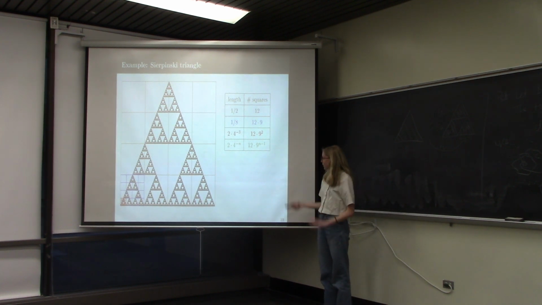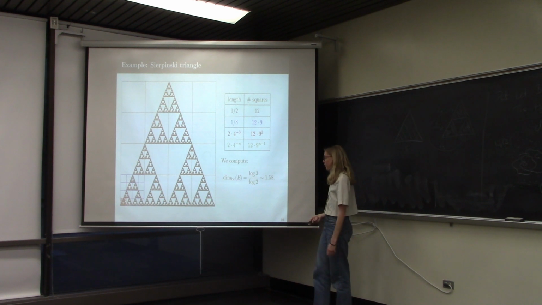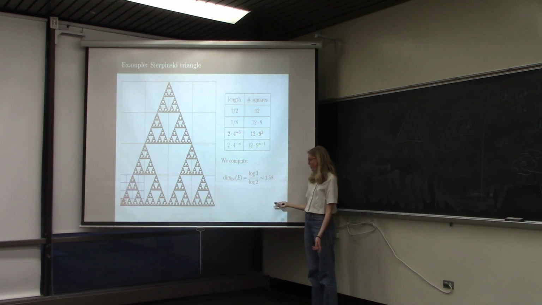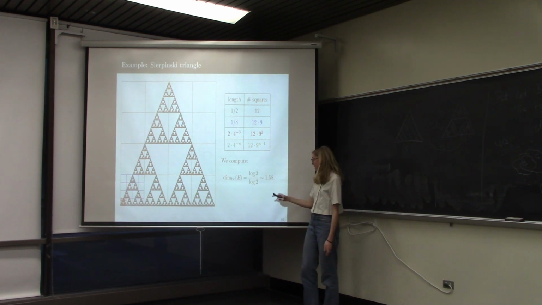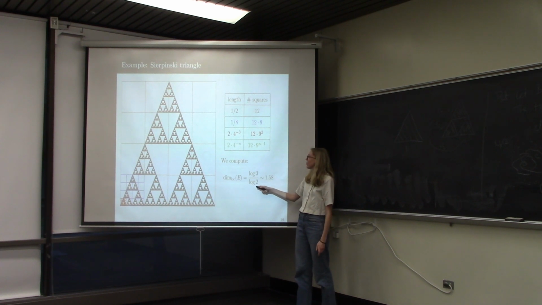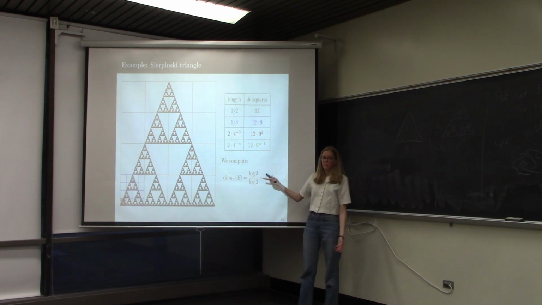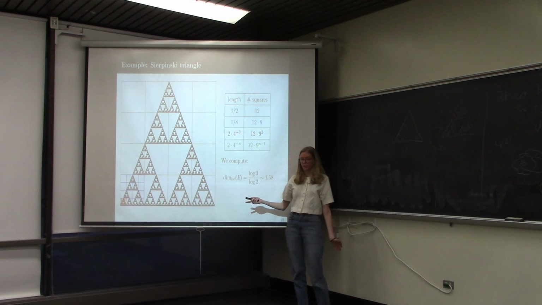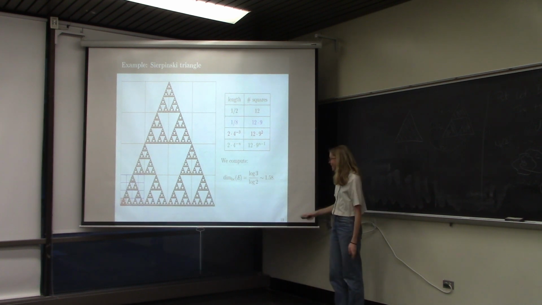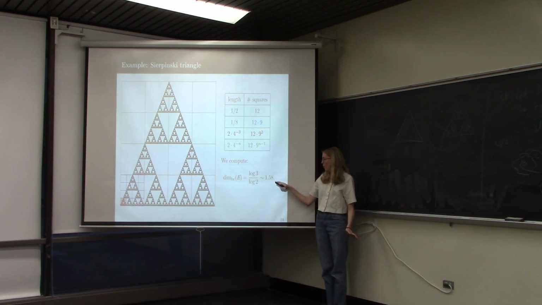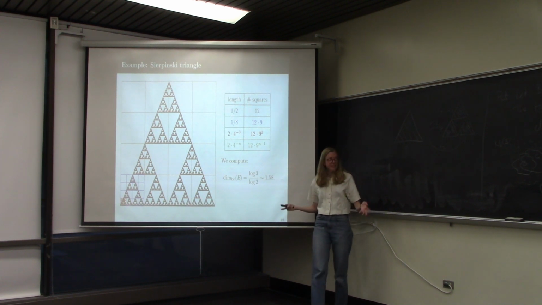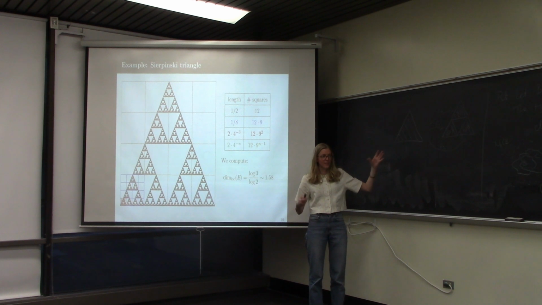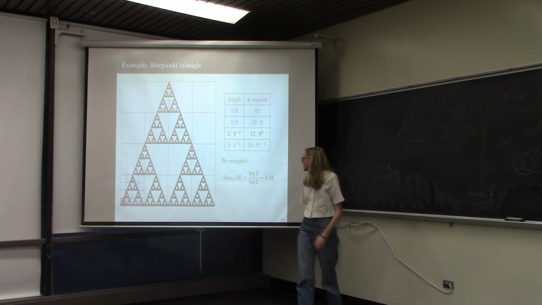We get this sort of formula, and we can compute whatever the box counting dimension is. And it turns out it's logarithm 3 over logarithm 2. So that's just by inserting into the formula before. Now this gives us a number which is 1.58. So it's what I said before, it's between 1 and 2. Okay. Good.